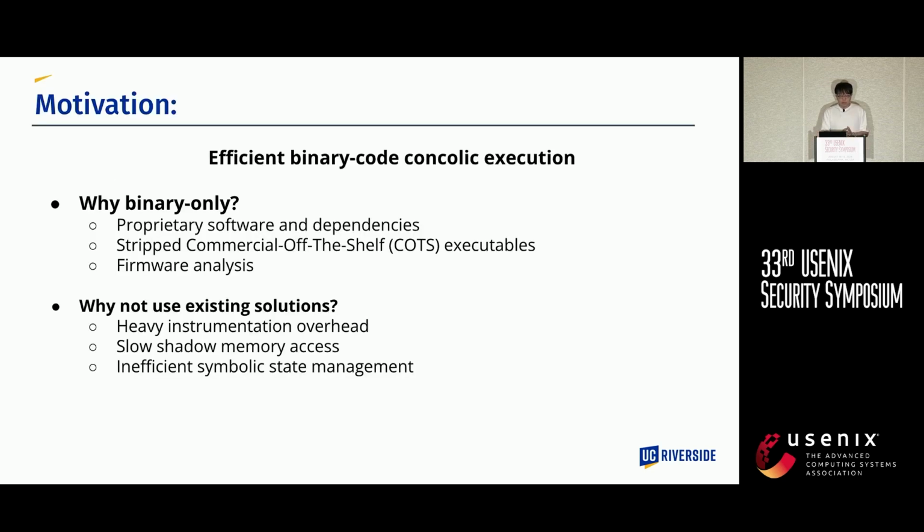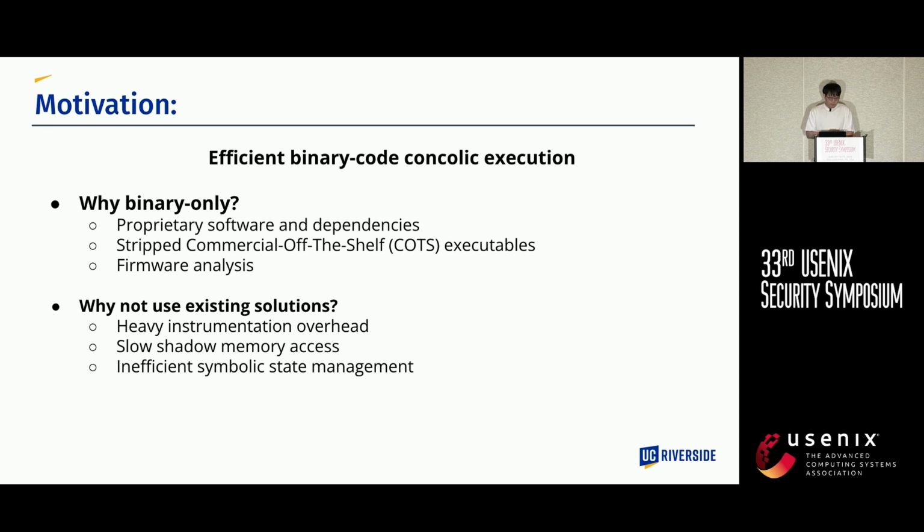In this work, our goal is to improve the efficiency of existing binary code Concolic execution. We focused on the binary-only situation, as mentioned in the previous talks. The binary-only situation is a very common case in software testing, such as analyzing proprietary software and dependencies, stripped binaries, or firmware where only the binary blob or binary code is available.